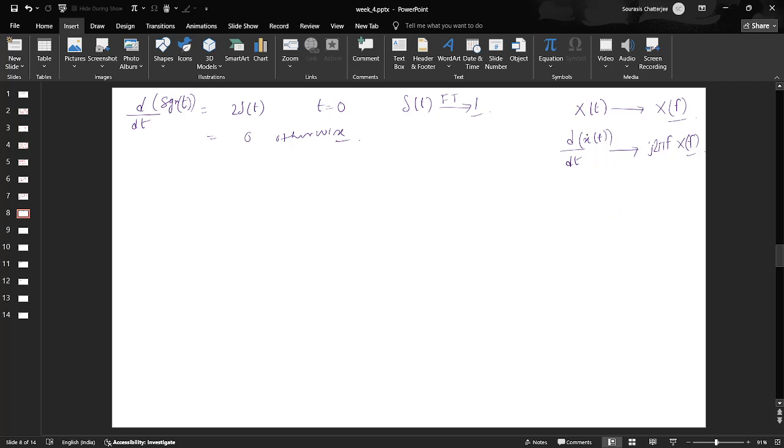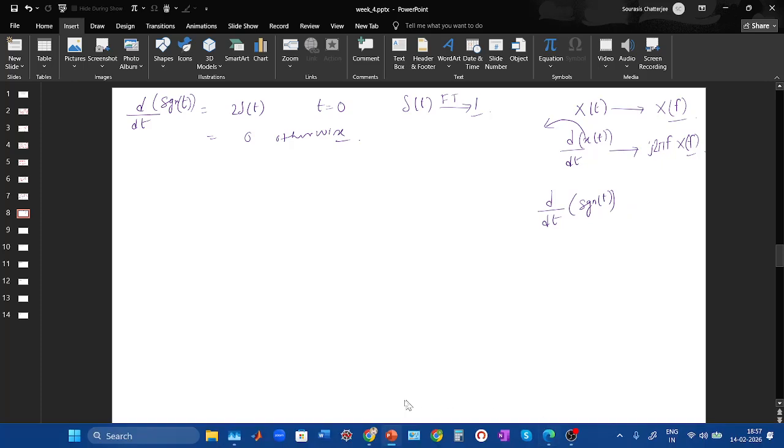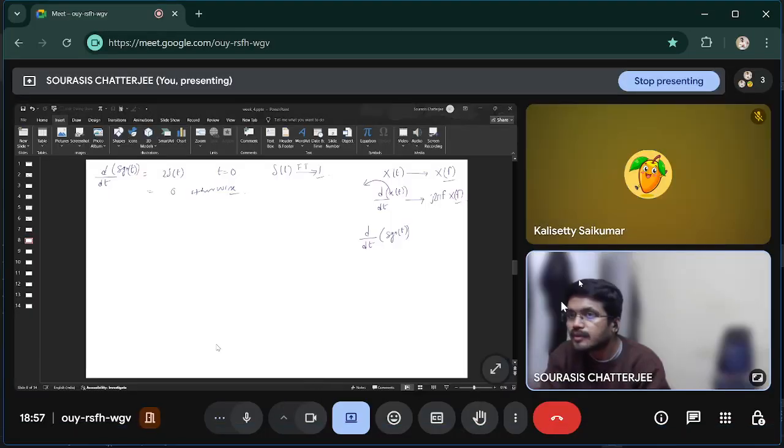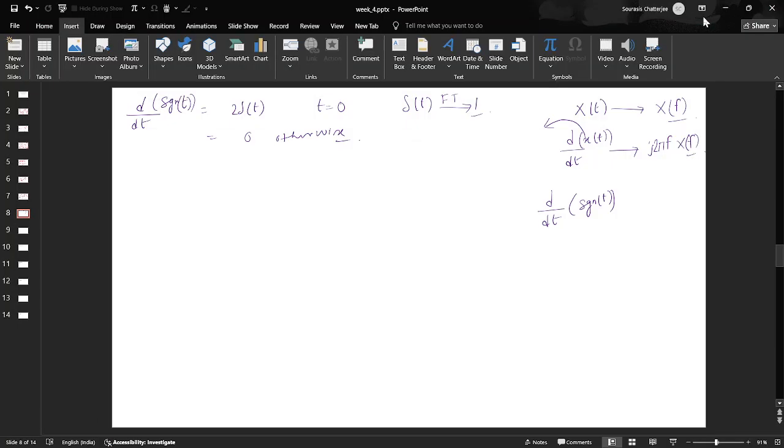Now let us replace x(t) with sin t. So d dt of sin t gives j 2 pi f times X(f), which is nothing but the Fourier transform of sin t, right?